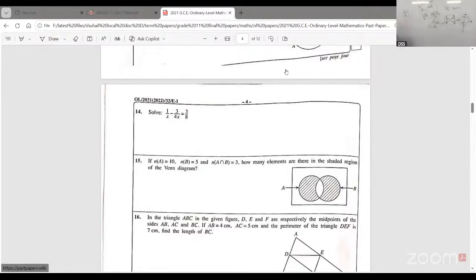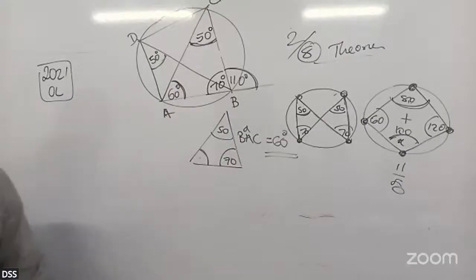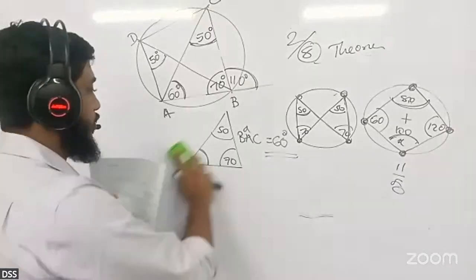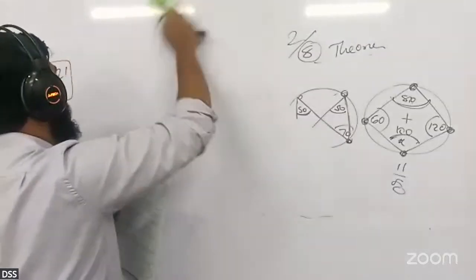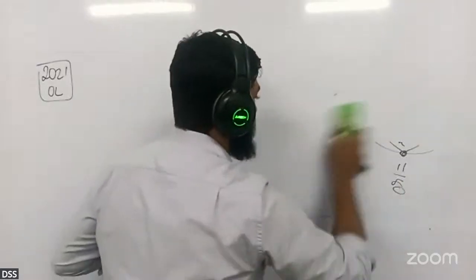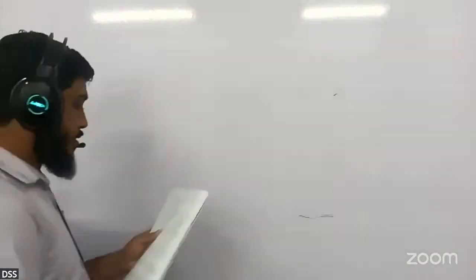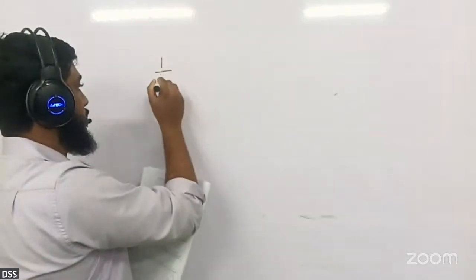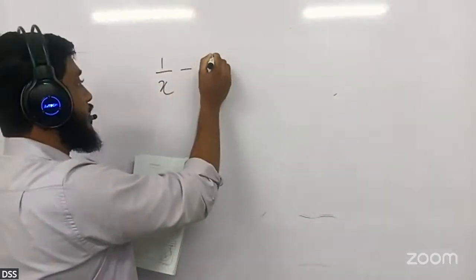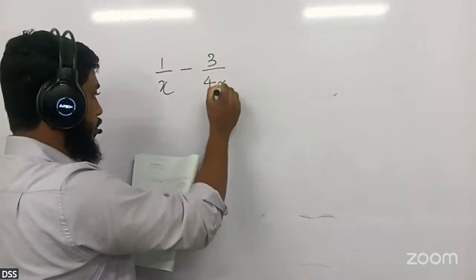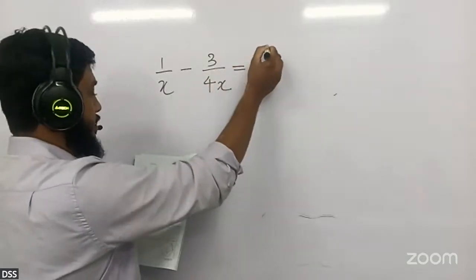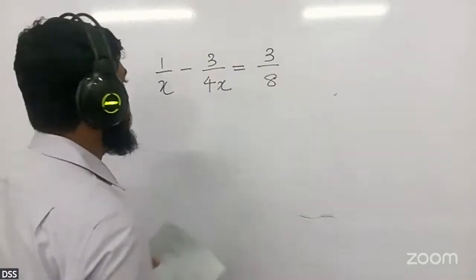1/x minus 3/4x equals 3/8. We will write it. What should we write? 1/x minus 3/4x equals 3/8.